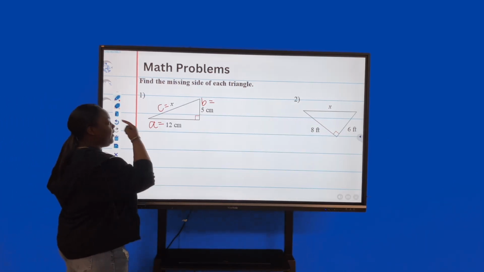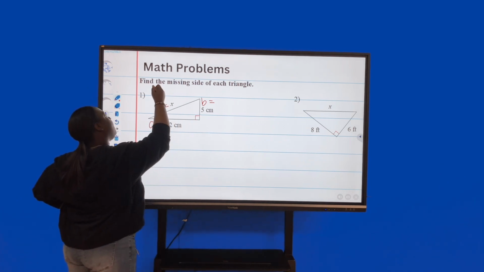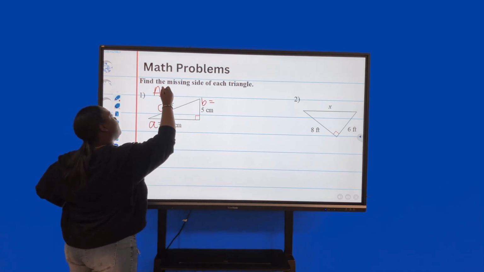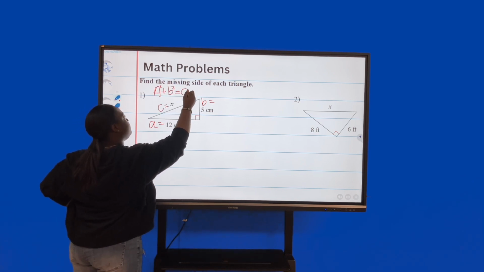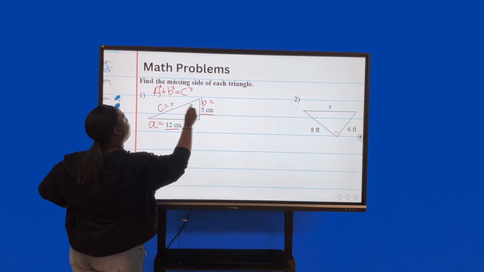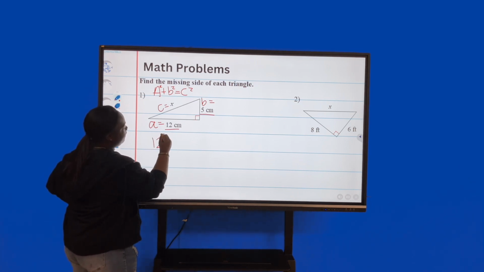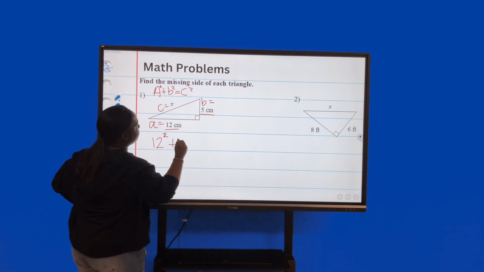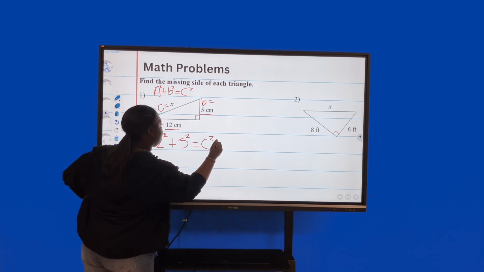Okay, so now that y'all have had time to try it, we're going to put the formula here. So a squared plus b squared equals c squared. So now that we've done that, we're going to plug in the numbers that we already know, but we don't know c. So we're going to put 12 squared plus 5 squared equals c squared.